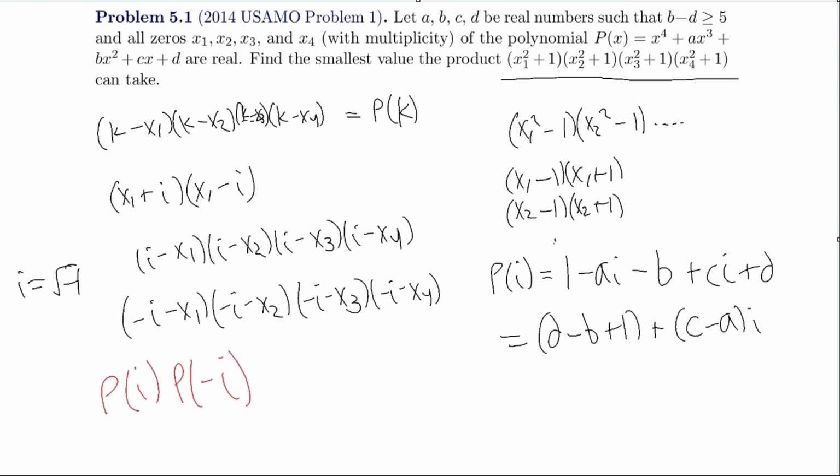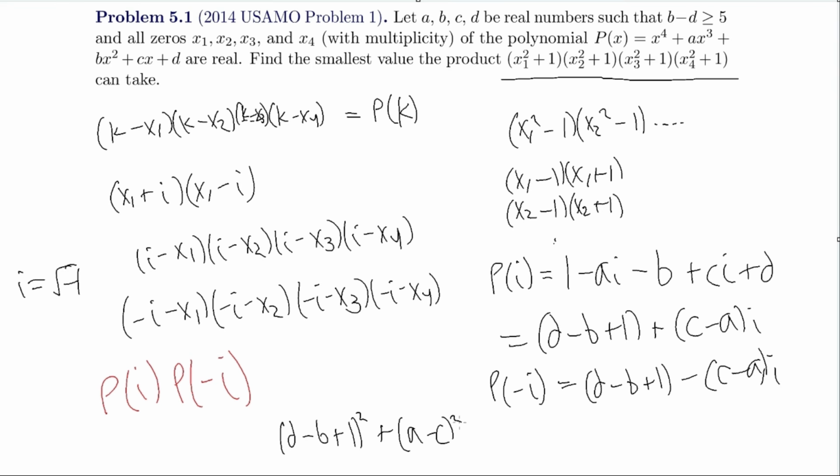And we similarly have that p of negative i is equal to d minus b plus 1 minus c minus a i, if you do all the work. And therefore, their product is equal to the product of these two. And because it is the product of a complex number and its conjugate, we end up getting d minus b plus 1 squared plus a minus c squared.